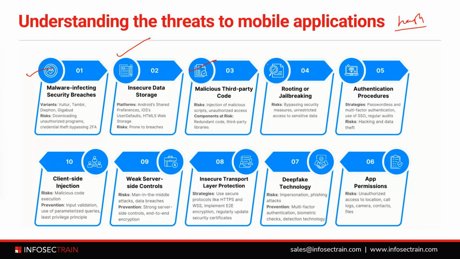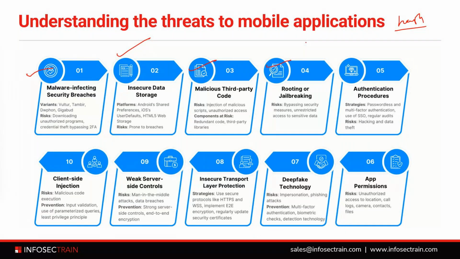Then rooting or jailbreaking. When we are talking about rooting or jailbreaking, it means taking the actual access of your mobile phone. Right now, when you are using your mobile phone, there are certain applications that you cannot uninstall. Why?